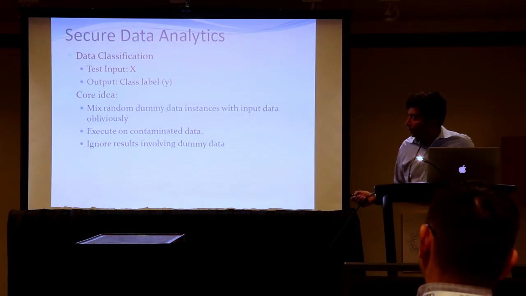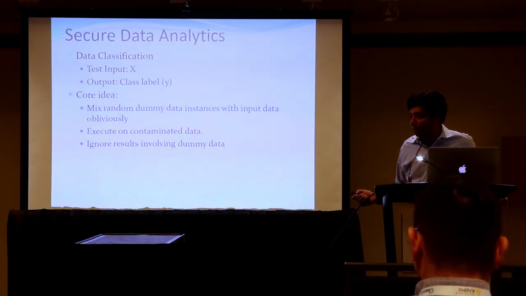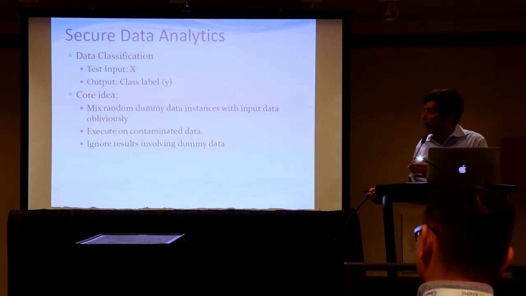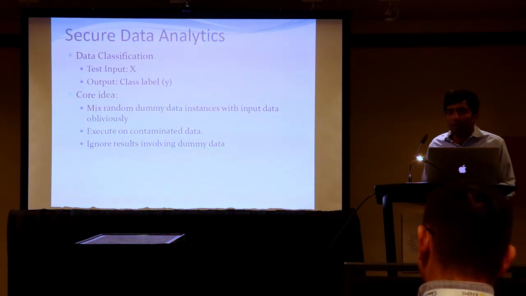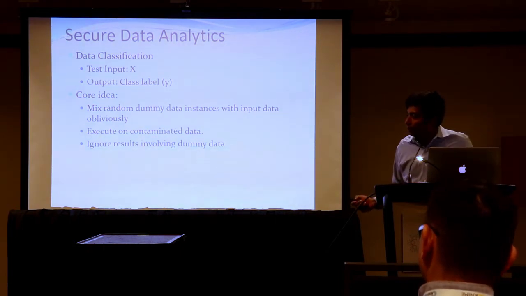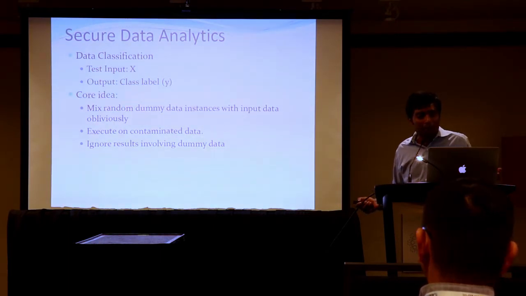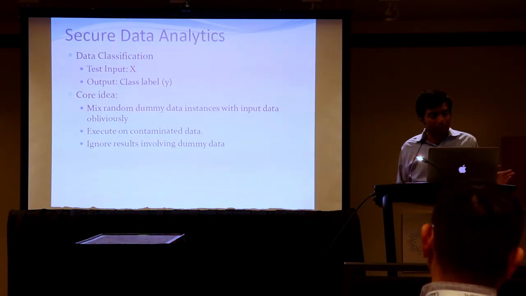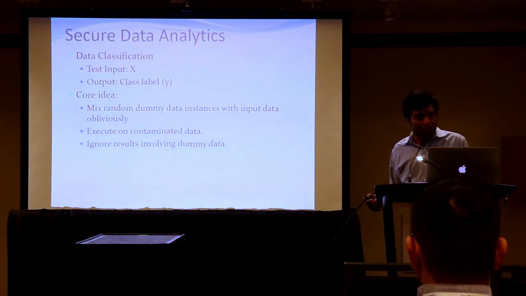Now when the test data comes, instead of exploring all the paths in the decision tree, we try to do better. For that, for the test data, we generate some dummy data instances. Given a test data, we generate some dummy data instances and mix them with the given test data, and then process them one after another.